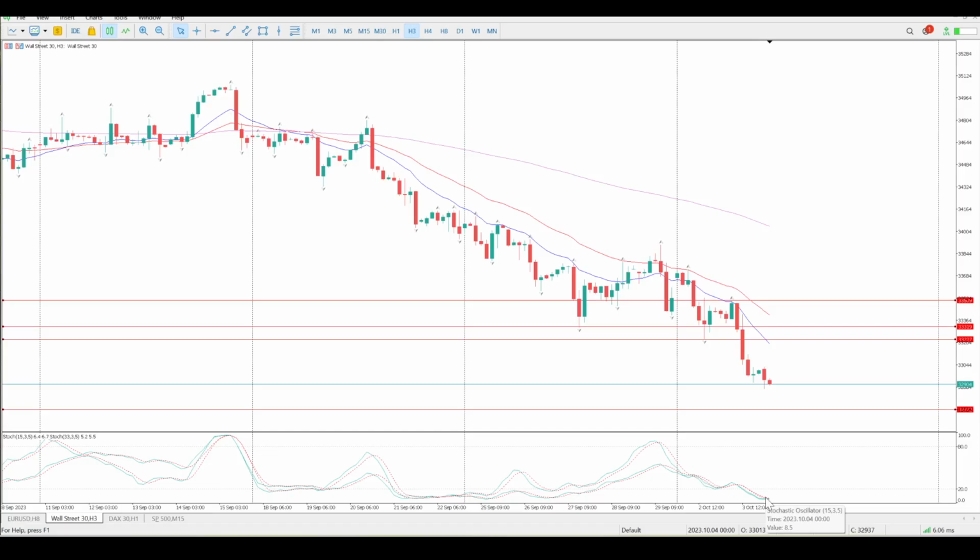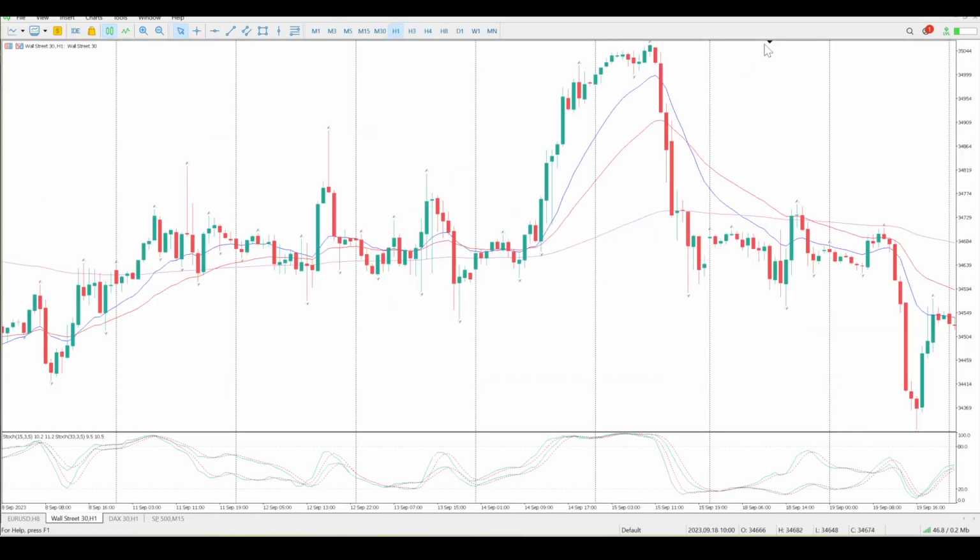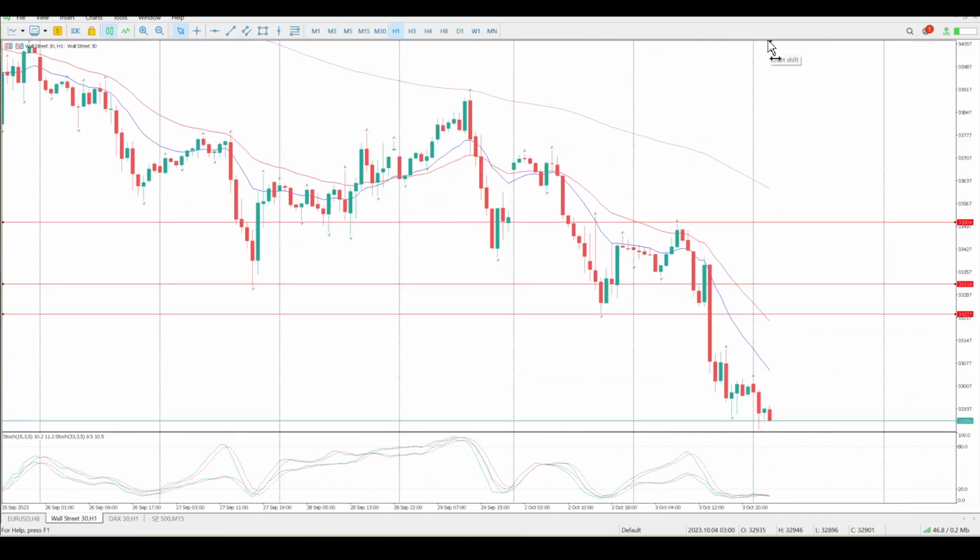We are really, really oversold here on the 3-hour, and we're parabolic. You can draw a curved line like this, and you can see how it's getting steeper and steeper. So I suspect you're going to get some sort of exhaustion bar soon. It may only happen down here, but you need to be very cautious about holding on to shorts at the moment.